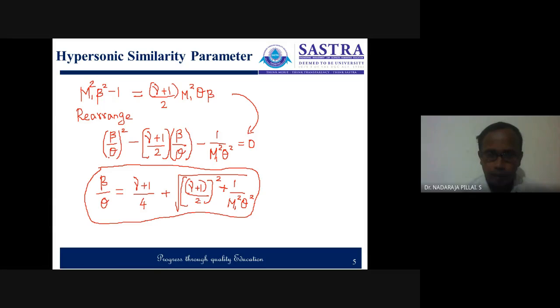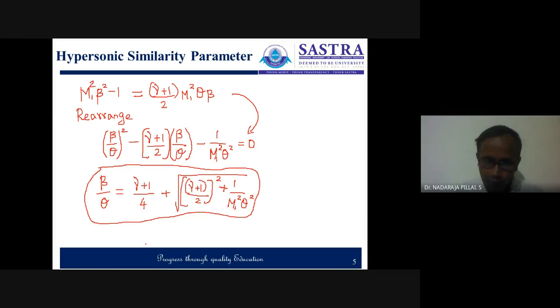Now you may ask, sir, what about the plus or minus here? If you consider plus or minus, then the negative sign has no meaning, because when beta by theta becomes negative, it has no physical meaning, and hence we don't consider the negative sign, right? So we proceed.